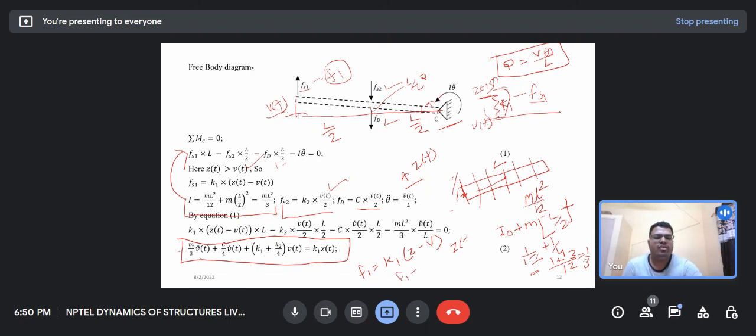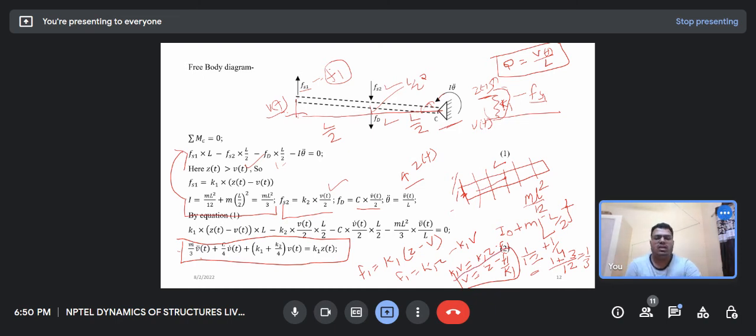So F1 is equal to k1 into z minus k1 into v. So k1 into v is equal to k1 into z minus F1. So my v becomes z minus F1 by k1.